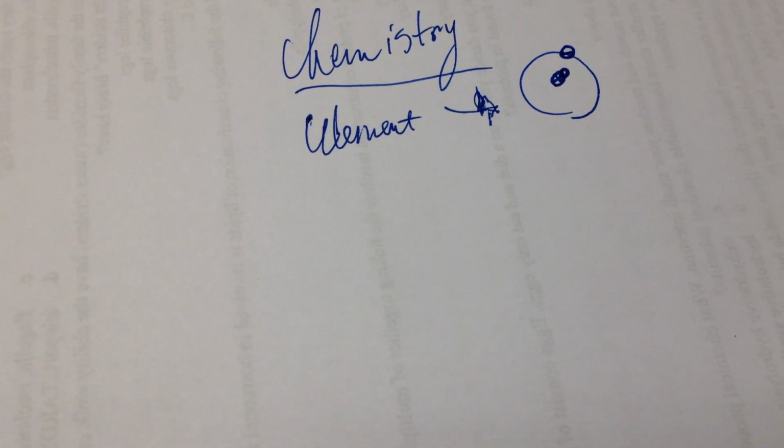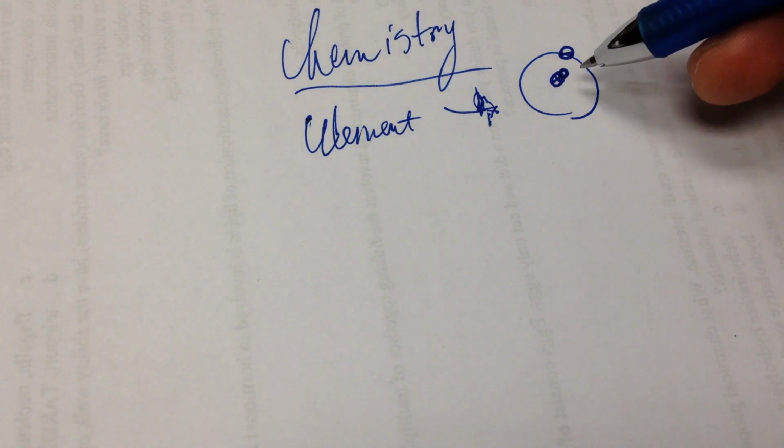So, we have this nucleus, positively charged protons, and these neutrons in the center, which provide mass but no additional charge. And then around that we have these electron shells, essentially negatively charged particles that float around the outside.